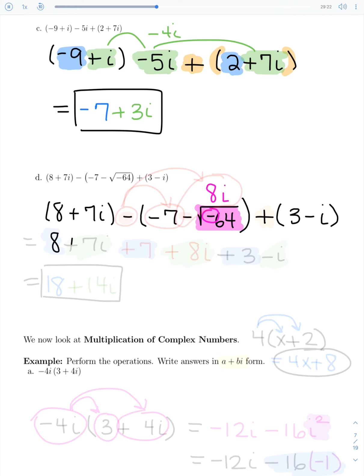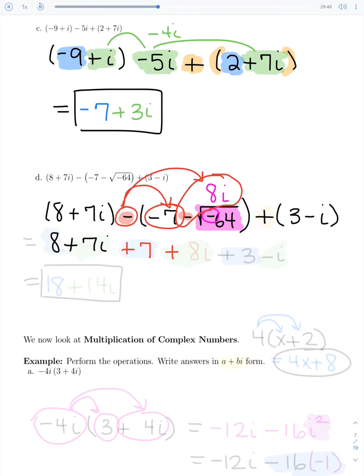So we've got an 8 plus 7i. That will stay the same. With the second group, though, here we have a negative sign out in front. So we need to distribute that negative sign. So the negative times the negative 7 will make it a positive 7. Then the negative times the negative, remember there was a negative in front of the square root, so it's a negative 8i.